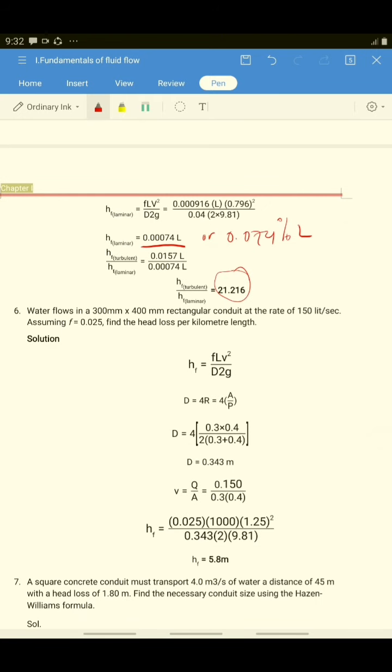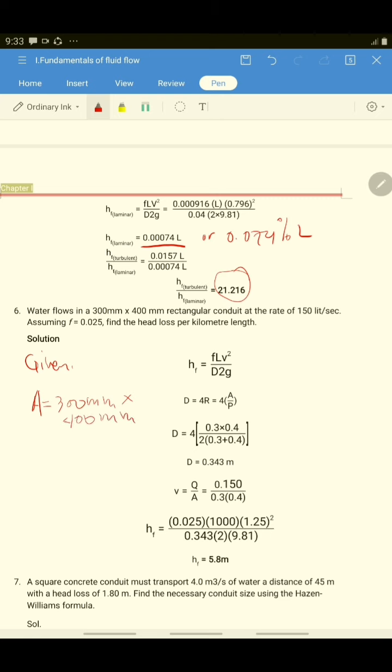Okay, for number 6, given diameter is 300 mm. Sorry, that is rectangular, no? So the area is equal to 300 mm by 400 mm.